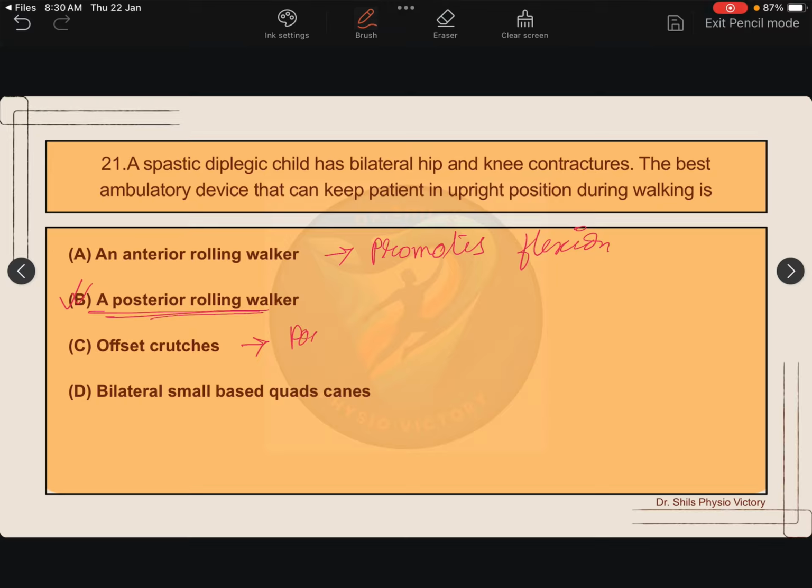Crutches give poor stability, and bilateral small base quad cane gives insufficient support.